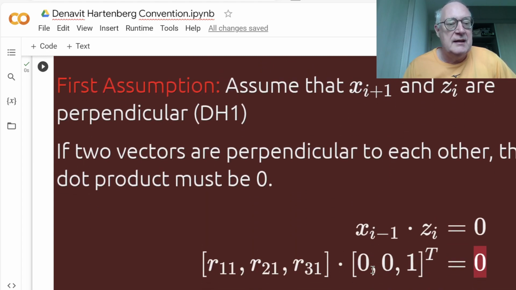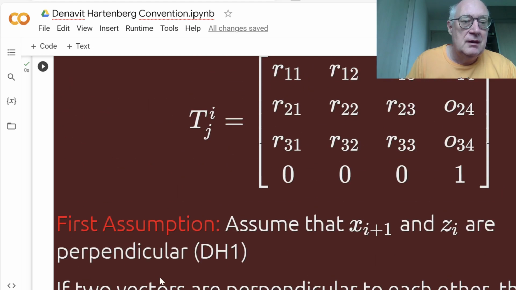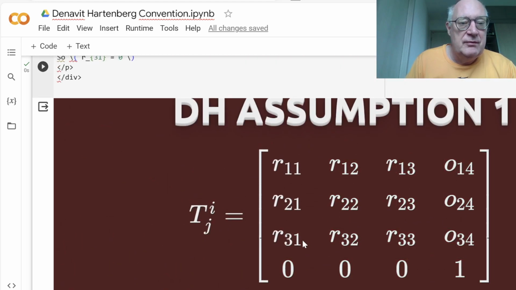So if we expand that, we get r11 multiplied by 0 plus r21 multiplied by 0 plus r31 multiplied by 1 must be equal to 0. We sum those up, that gives us the dot product. So that means that now we know that R31, this value here, must be equal to 0.